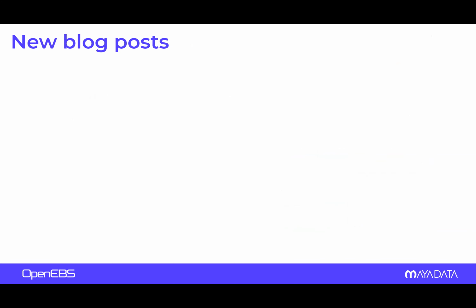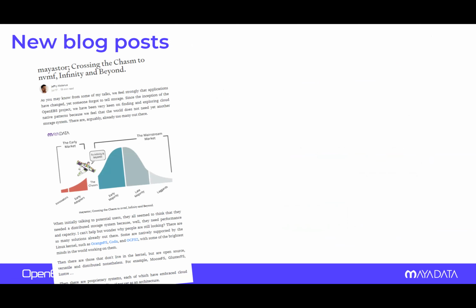In the last couple of weeks, we had a handful of new blogs. One is from our CTO, Jeffrey, about the new storage engine. This is going to be in addition to our storage engines, Jiva, cStor, and Local PV. It's called MayaStor. It's a code name.